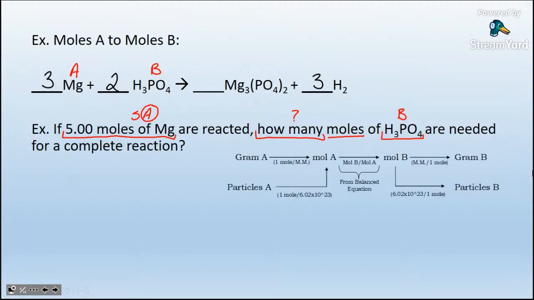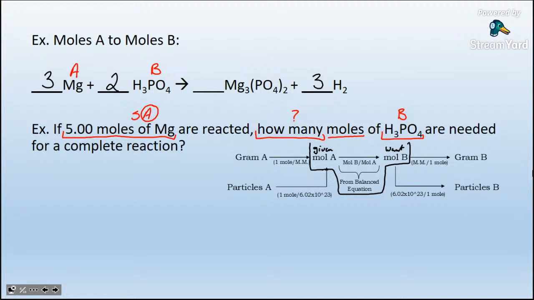So looking at the mole roadmap, again, we are starting at moles of A. This is our given amount. So if we're thinking about this in terms of given versus wanted, we're given moles of A and we want moles of B. So this is the only portion of the mole roadmap that we actually are interested in for this problem.